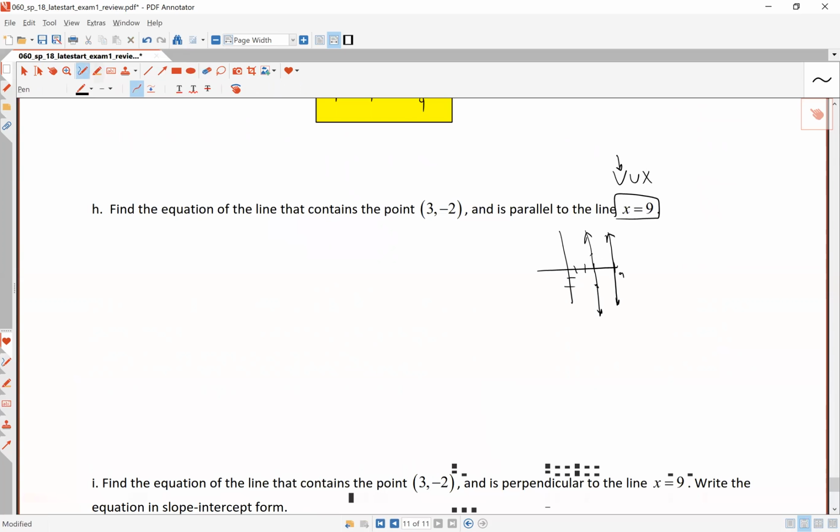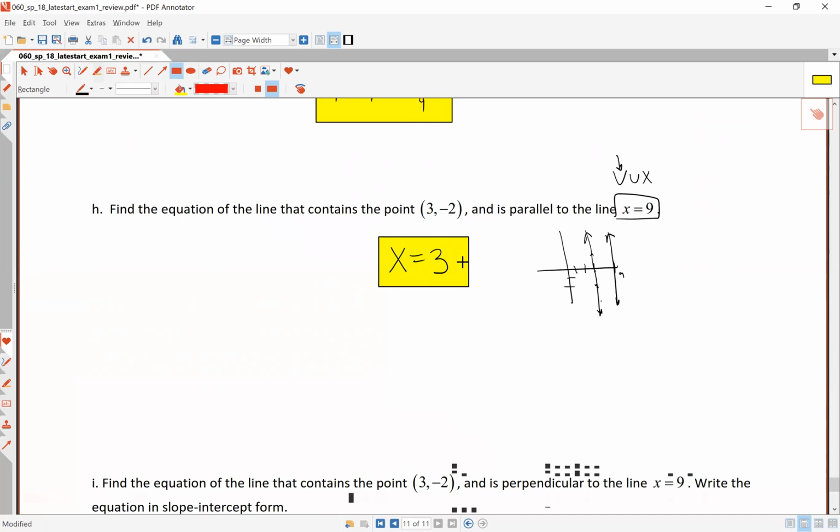And you see that every single point on that line is x equal to 3. So if it's parallel to a vertical, it'll be vertical. If it's perpendicular to a vertical, it'll be horizontal. And when we find equations of vertical and horizontal lines, we use that OY and VUX.